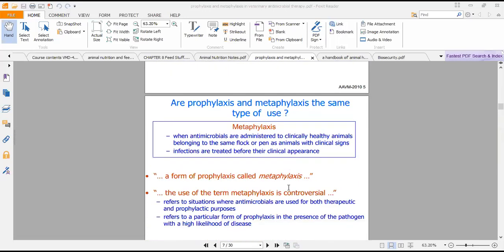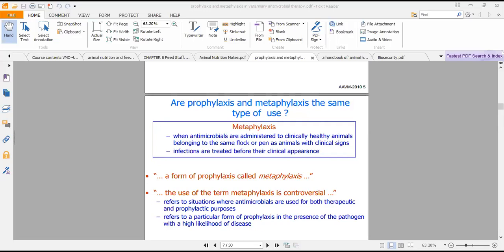The next is metaphylaxis. This is when antimicrobials are administered to clinically healthy animals belonging to the same flock or pen as animals with clinical signs. Actually, metaphylaxis is basically to control the disease.